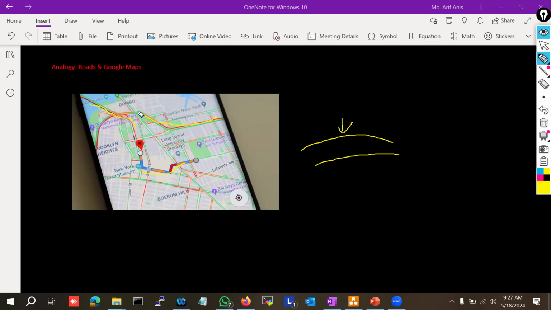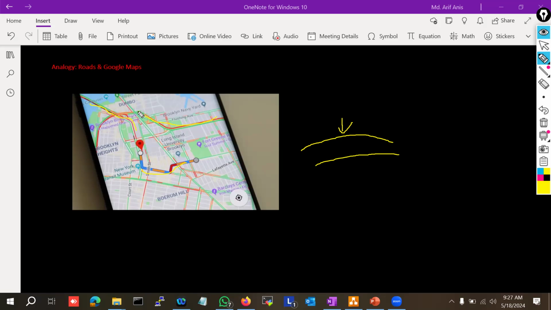So Google is not building any roads. It just builds an application, and this application is not building any roads.